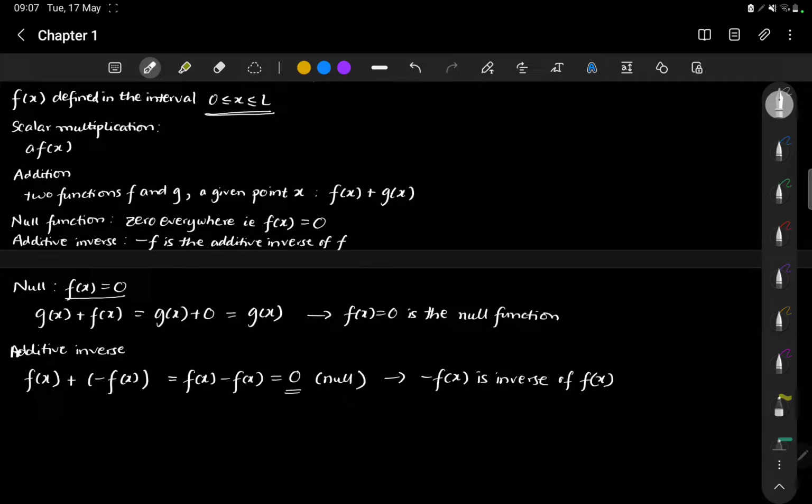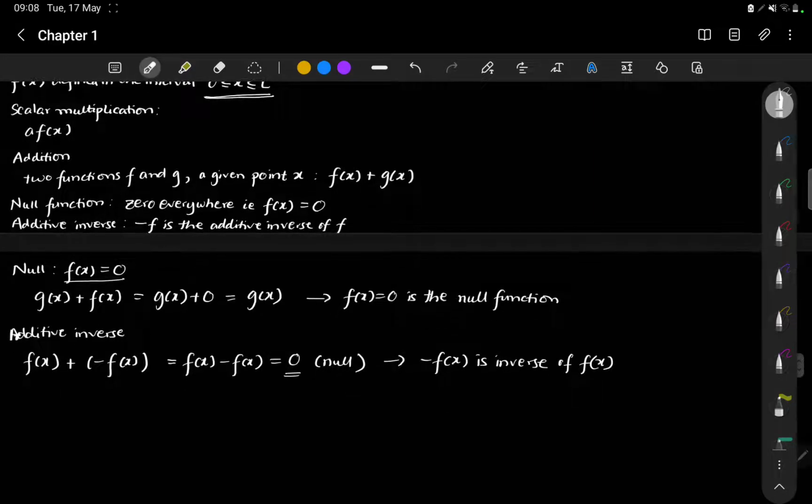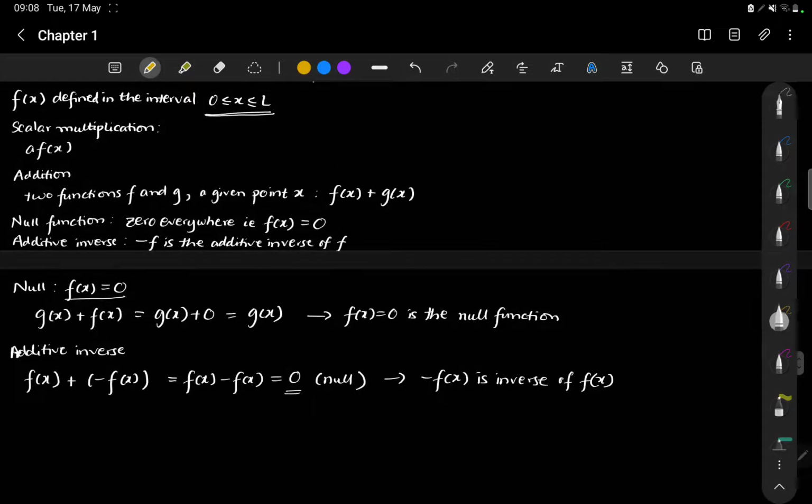So with this definition of functions defined on a domain, we now move to the question that we have at hand. So the question, this is exercise 1.1.3. So this question is based on functions defined on this kind of a domain and whether or not certain class of these functions form a vector space.